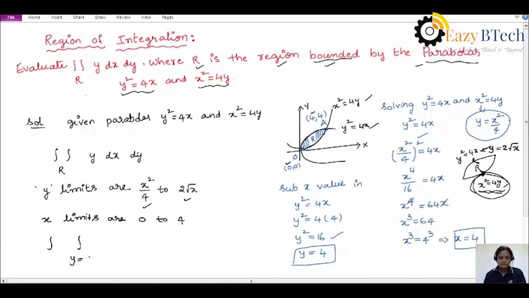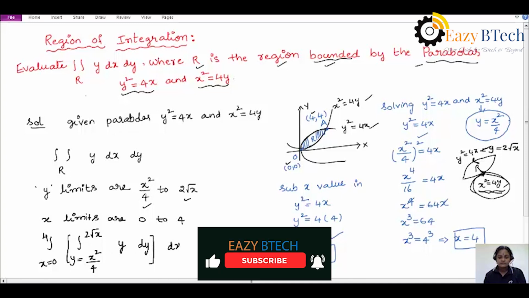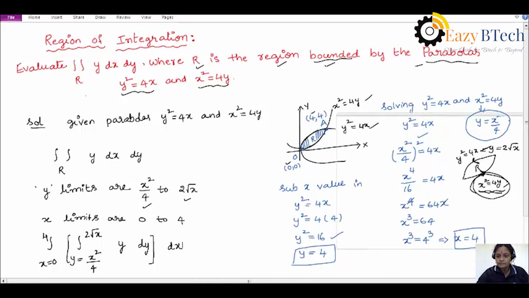y is equal to x square by 4 to 2 root x, and x is equal to 0 to 4. So first we are doing the integration with respect to y, y dy, and next dx. So now doing the corresponding integration of the function, that is y here.